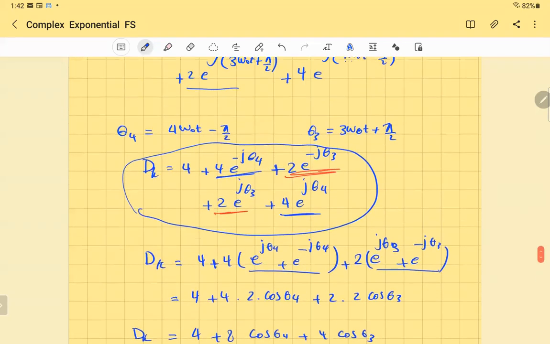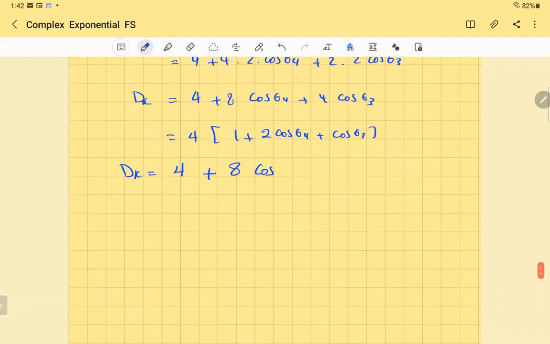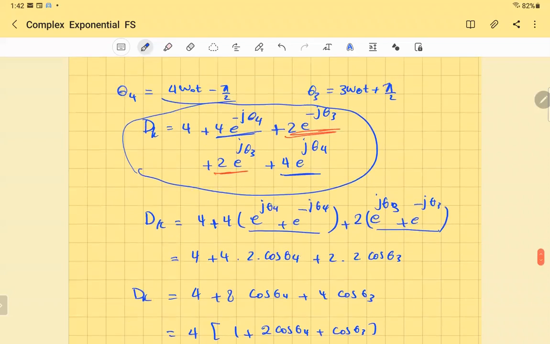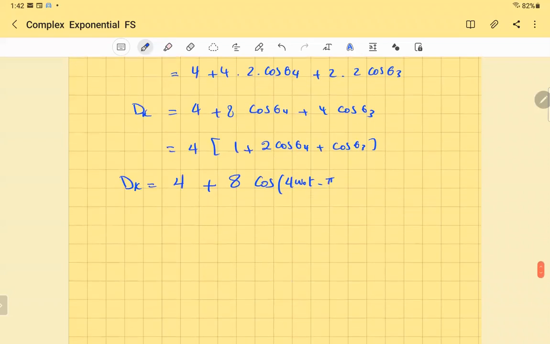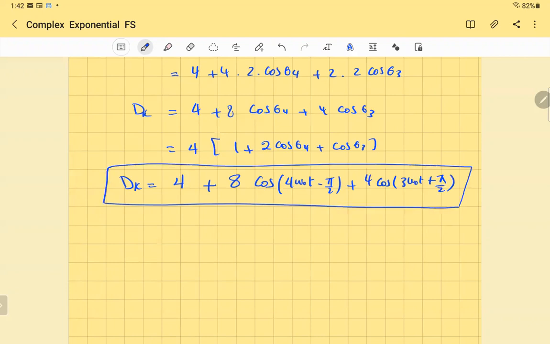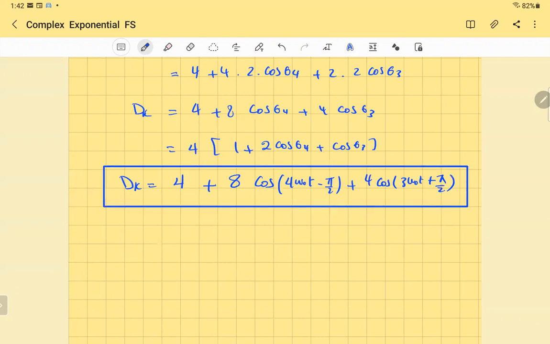We have it here: 4 omega naught t minus pi over 2, plus 4 cosine 3 omega naught t plus pi over 2. That's the Fourier series, the complex exponential Fourier series terms that the question asked about. It's clean in the end.